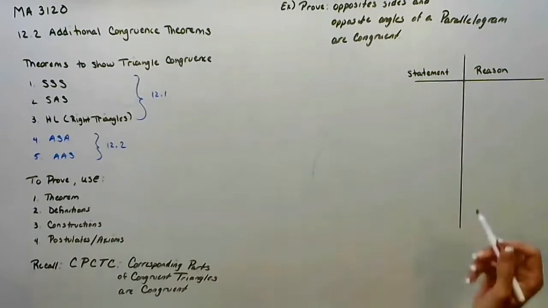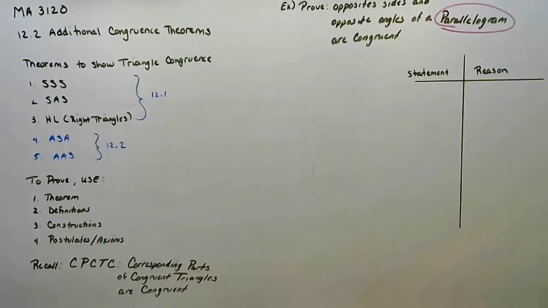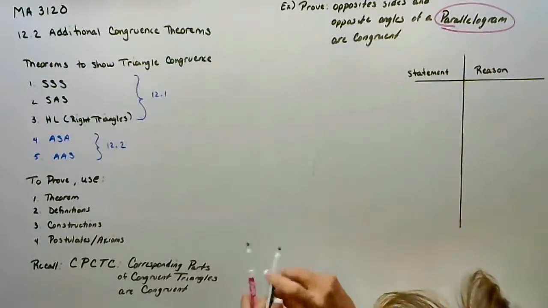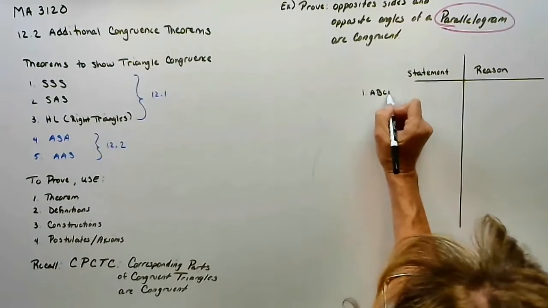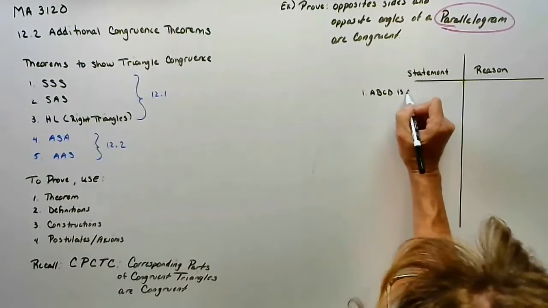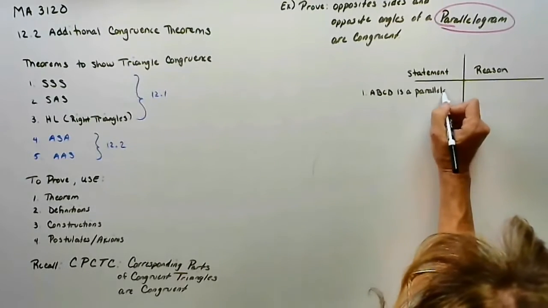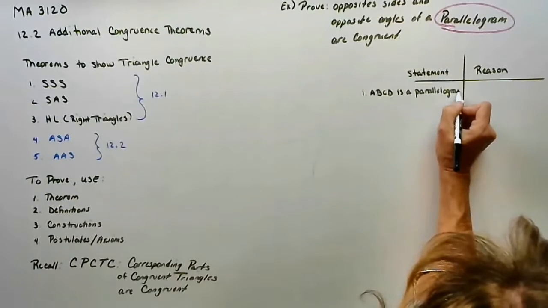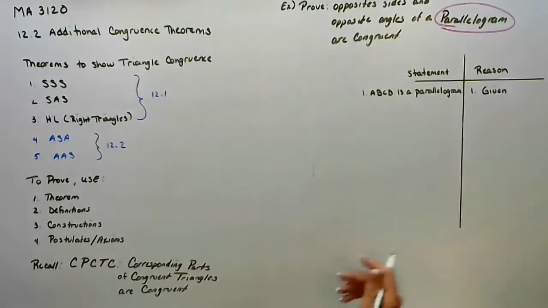And in this case, we are given a parallelogram. So I'm going to start with ABCD is a parallelogram. The reason? It's been given.